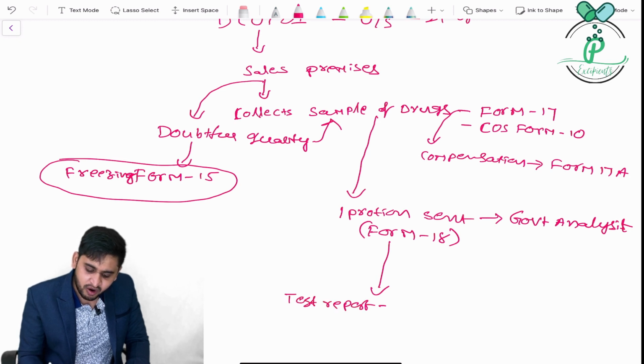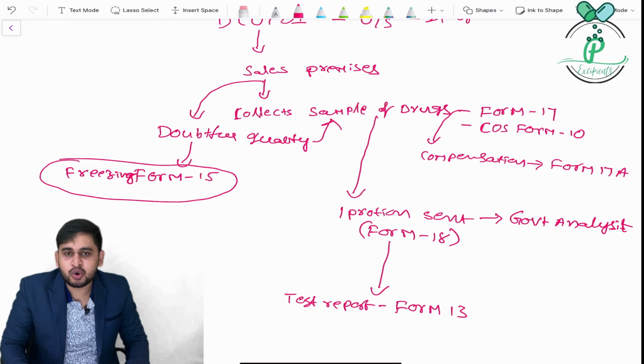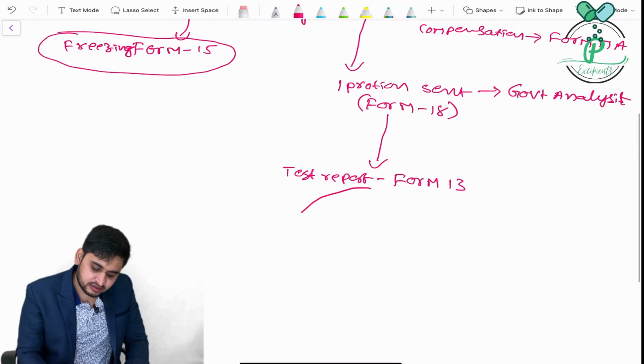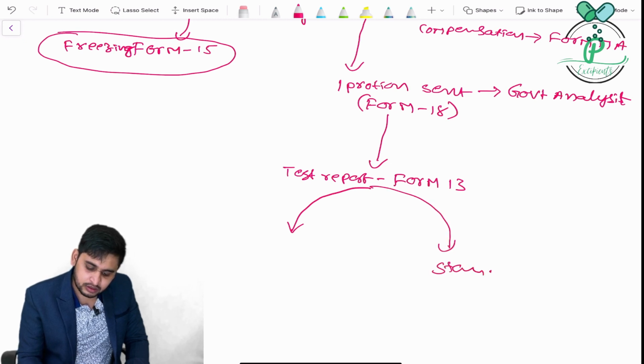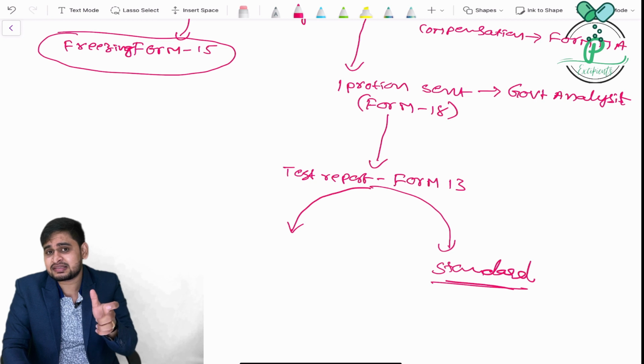The test report would be issued in Form 13 by the government analyst. Next, if the report is of standard quality, if the result of the sample is within limits, then the standard procedure follows.